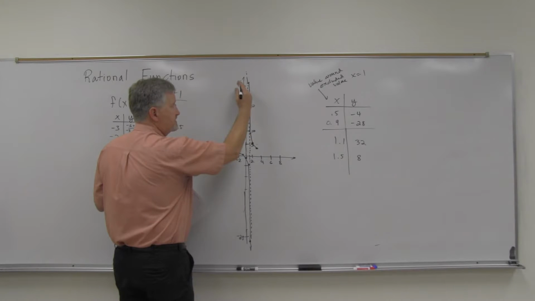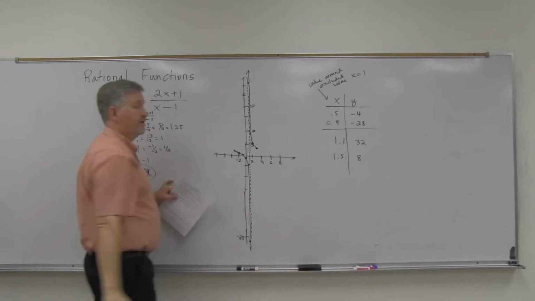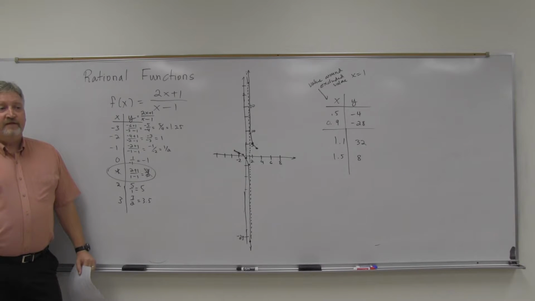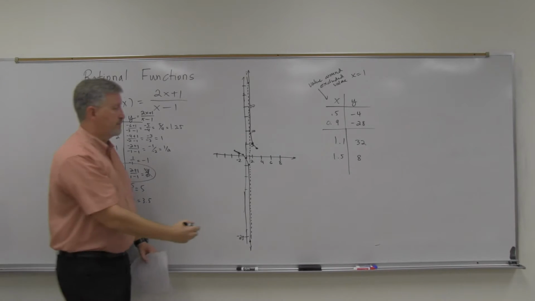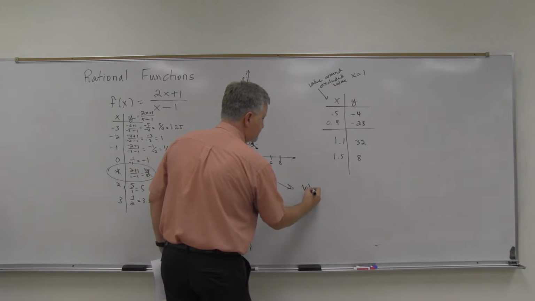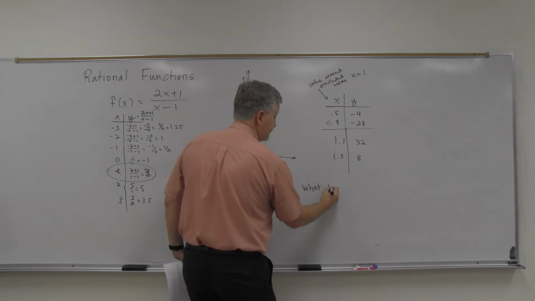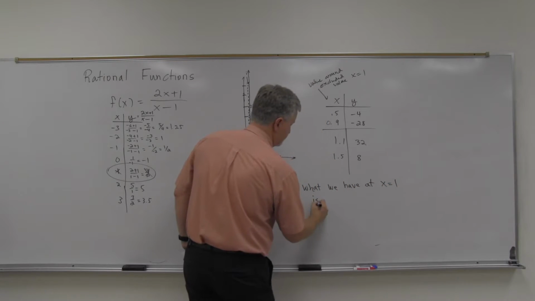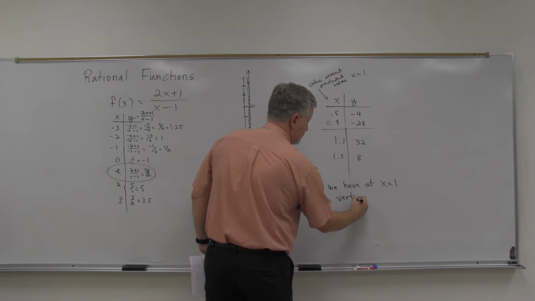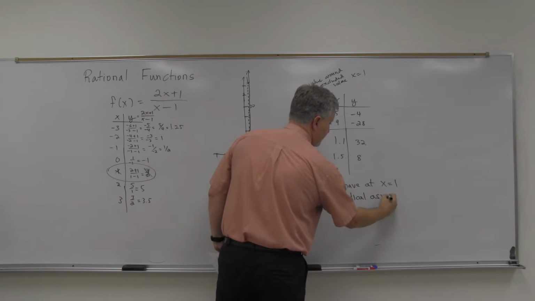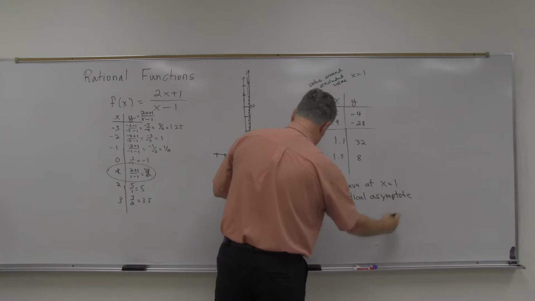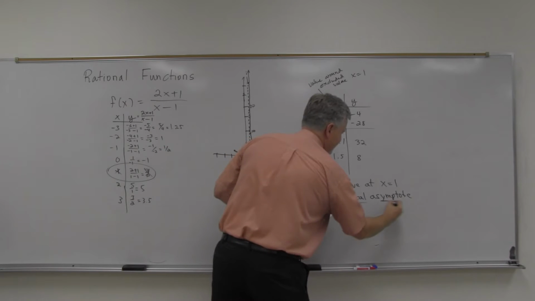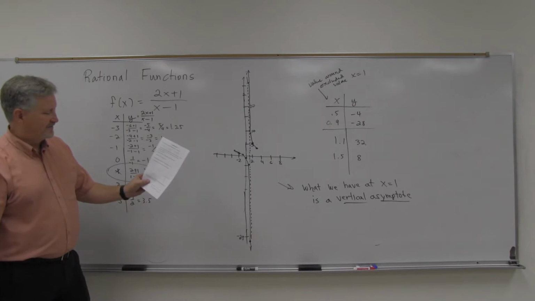As I approach it on this side, these values are getting larger and larger. They're going to infinity, positive infinity. What we have at x equals 1 is what's known as a vertical asymptote. So the graph is said to have a vertical asymptote. I guess I stated it a little differently on the paper, but you get the idea.